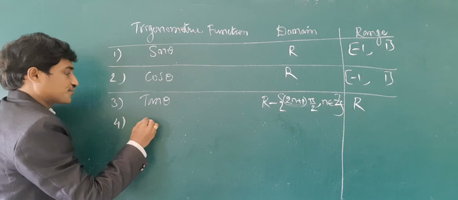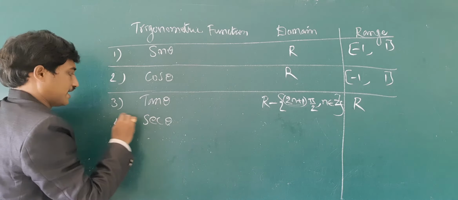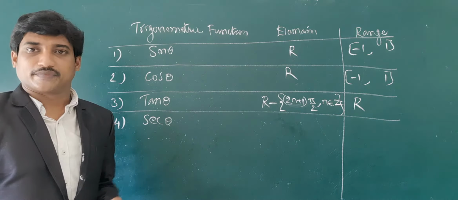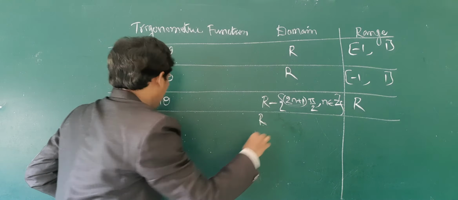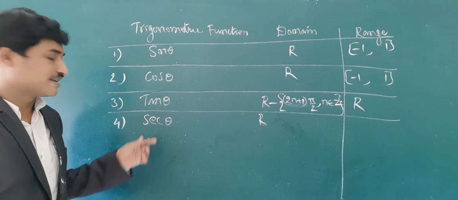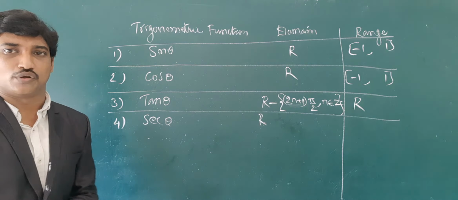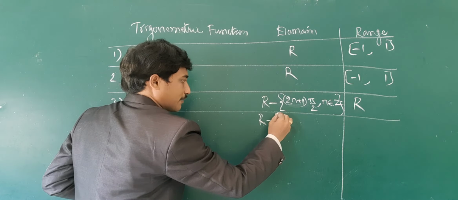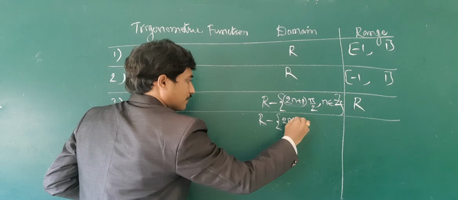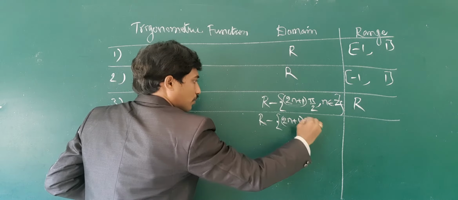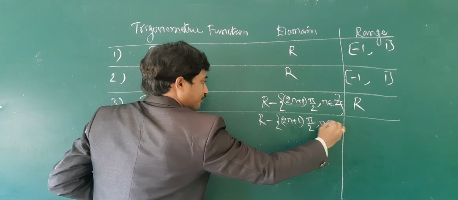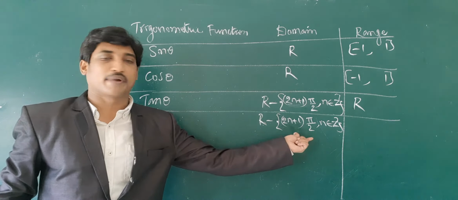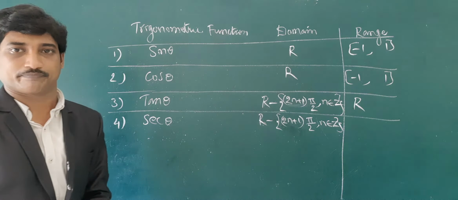Next, finally, secant theta. Its domain: secant theta is r by x, so it is not defined at (2n plus 1) pi by 2, where n belongs to Z. So the domain of secant theta is R minus {(2n plus 1) pi by 2, n belongs to Z}.